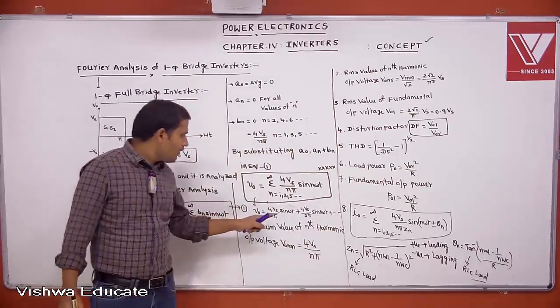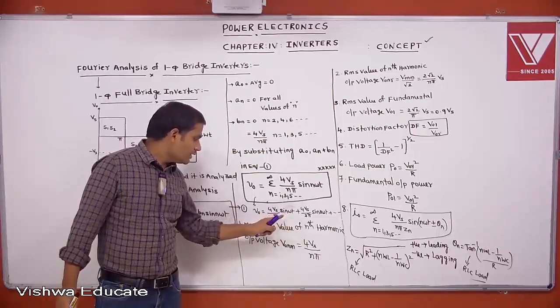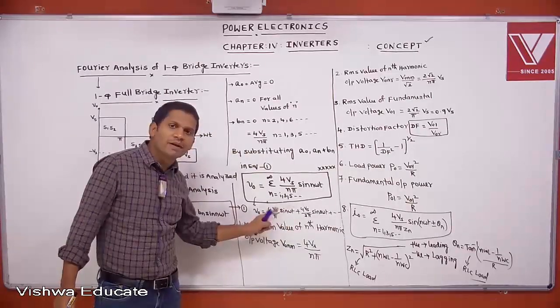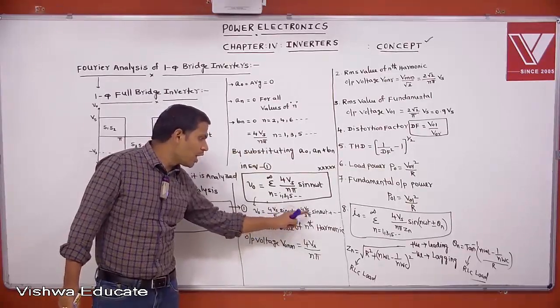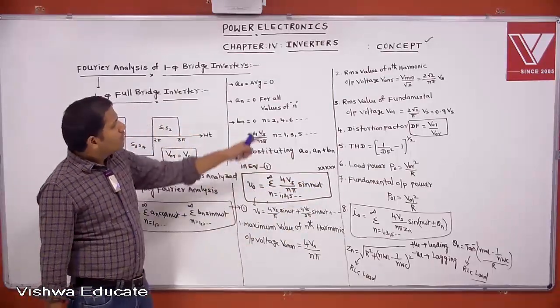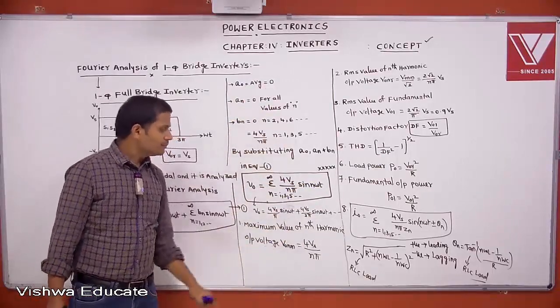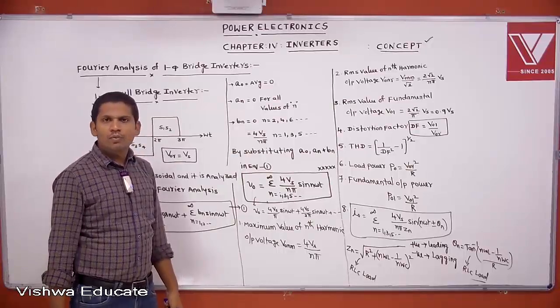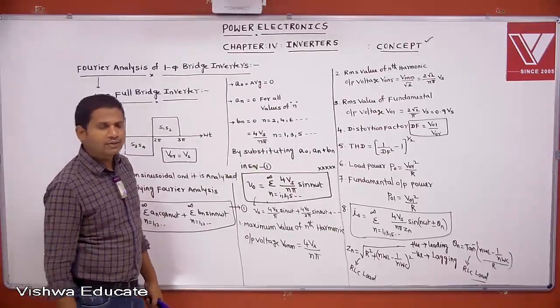This is the first order harmonic, the fundamental component. This is the third order harmonic, next fifth order, like that we can extend. Remember these points with respect to the single phase full bridge inverter.